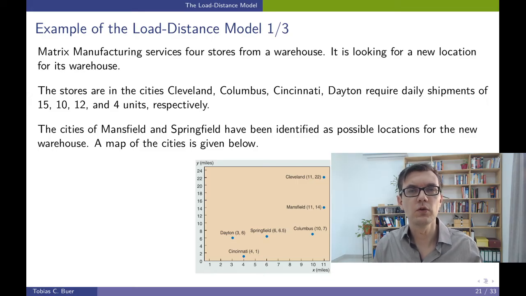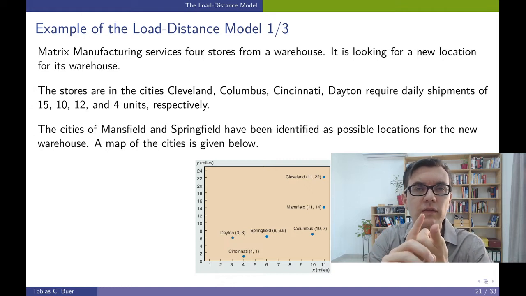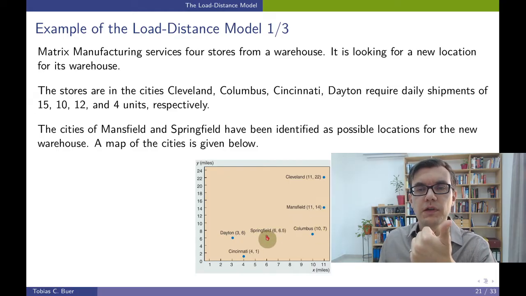What do we need to do? First of all, we need to measure the distances. We have to measure the distances from Springfield to Dayton, Cincinnati, Columbus, and Cleveland. And we have to measure the distances from Mansfield to Cleveland, Columbus, Cincinnati, and Dayton.